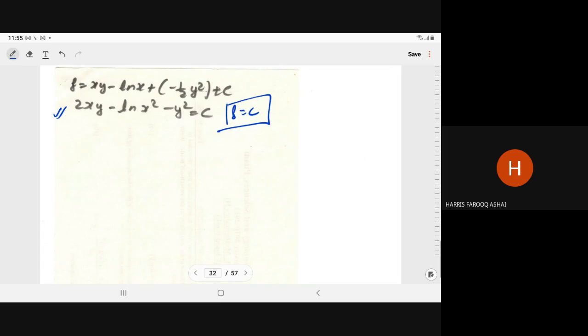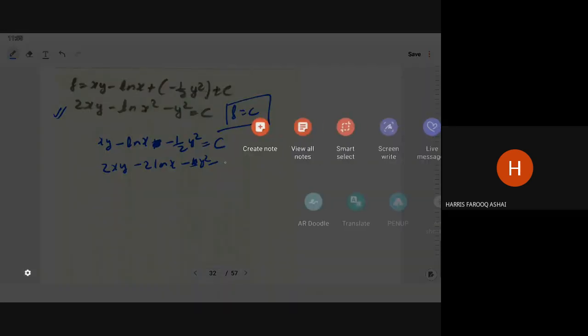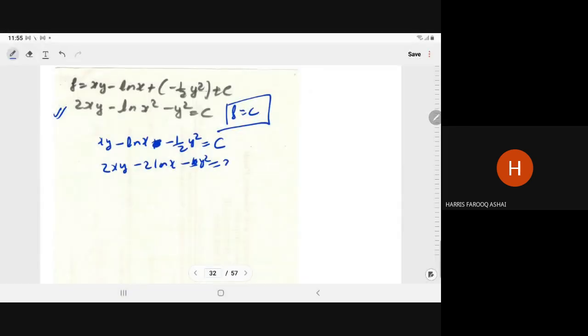I am saying that xy minus ln x minus 1 by 2 y square is equal to c. So take the LCM: 2xy minus 2 ln of x minus y square is equal to 2c.